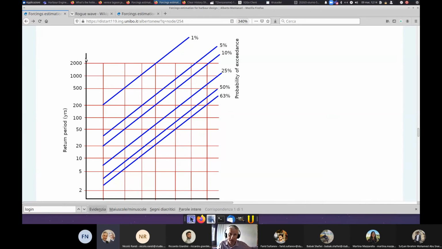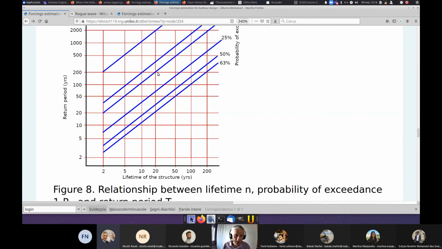So I can tolerate a probability of 63% that it may happen. I can tolerate even something lower than that. But if the consequences are a real disaster, then probably you need to take a much larger return period with respect to the lifetime.